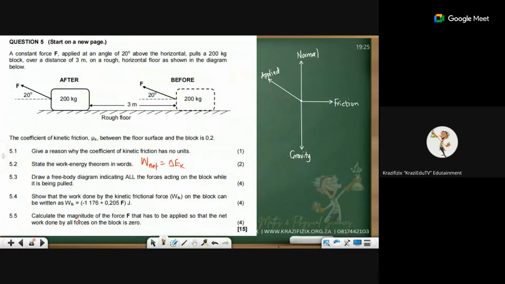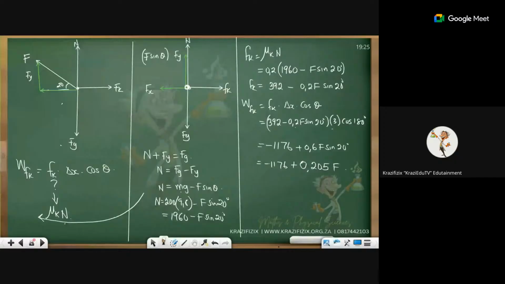Anyway, guys, I think for 5.5 you will be able to do that. It says calculate the magnitude of F that has to be applied so that the net work done by all forces on the block is 0. That's where you substitute the frictional one. So the question is, what forces are acting? It's just 2 of them: Fx and friction.